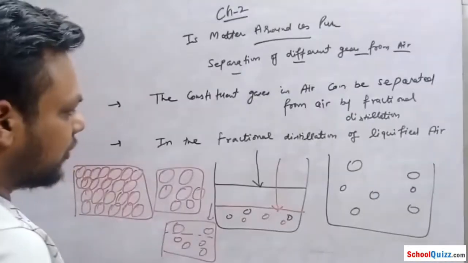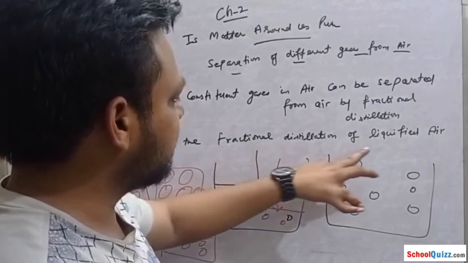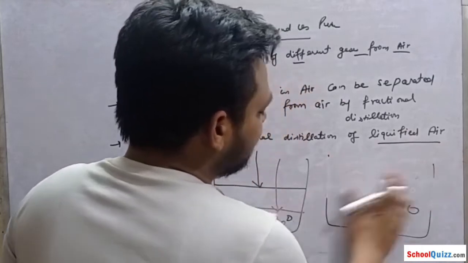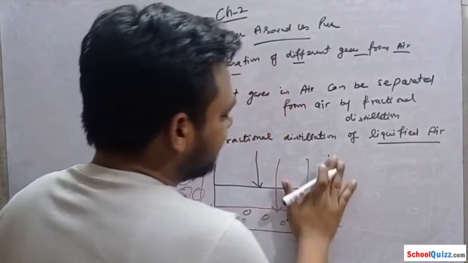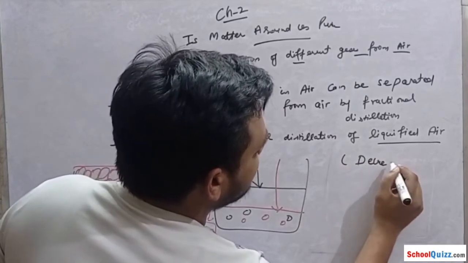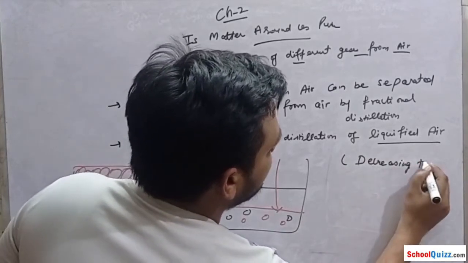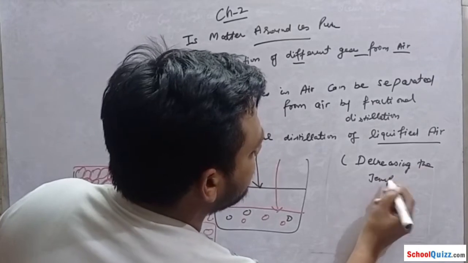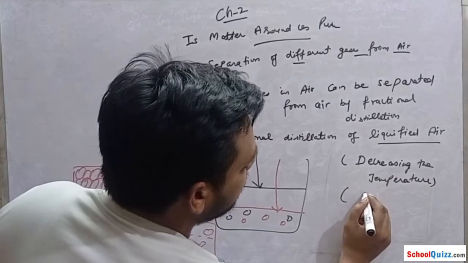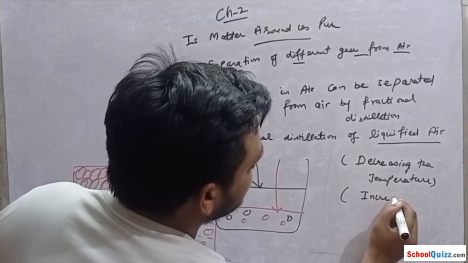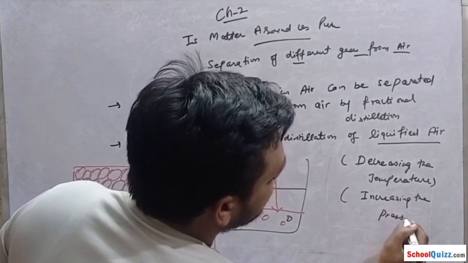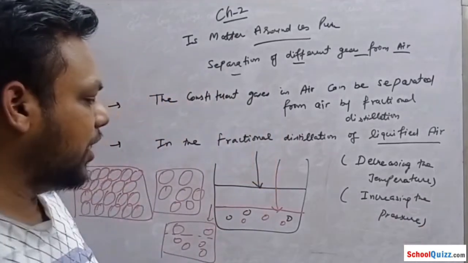And one thing is, in the fractional distillation of liquefied air, we can do it with the help of two methods: decreasing the temperature, or increasing the pressure.